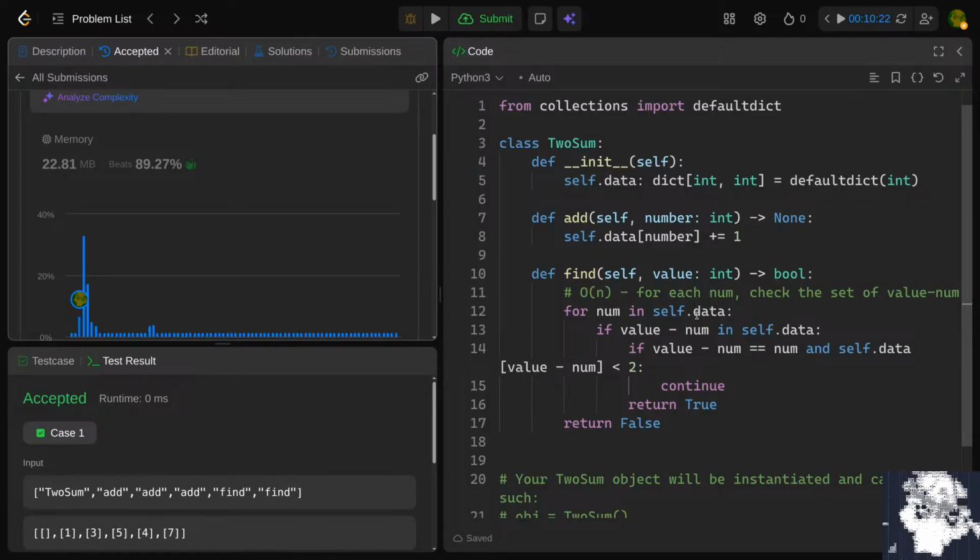I'm also storing a little more than I need to, because I actually only care to count up to 2. So these could be Booleans, where the existence of the key tells me that I have 1, and the value of true tells me that I have 2.